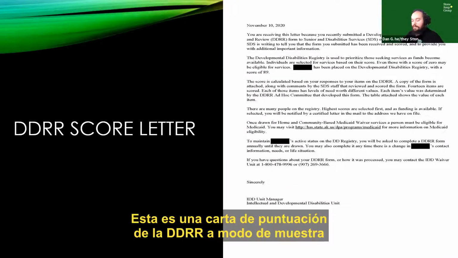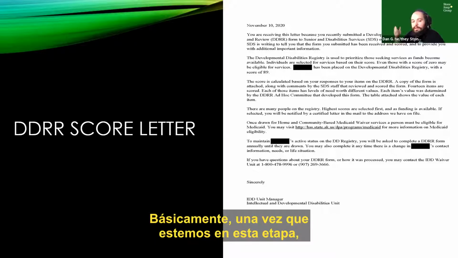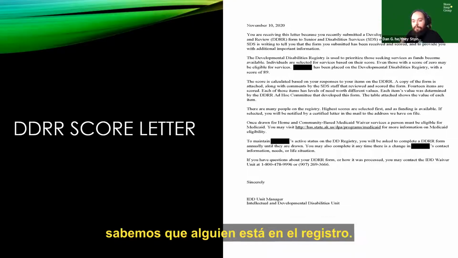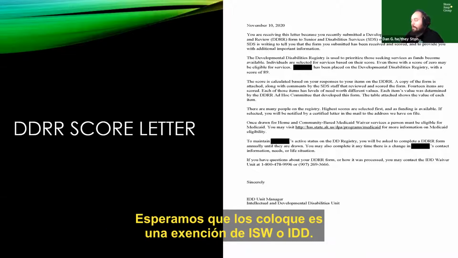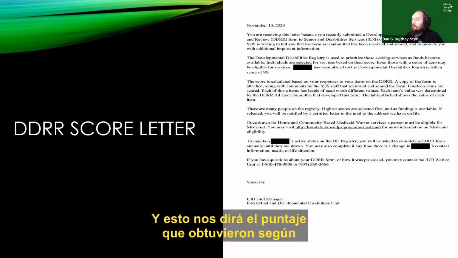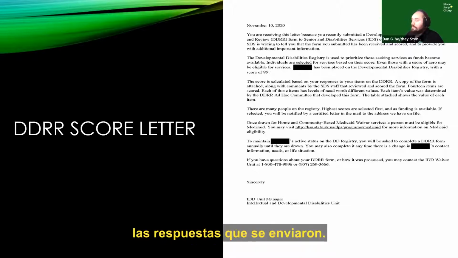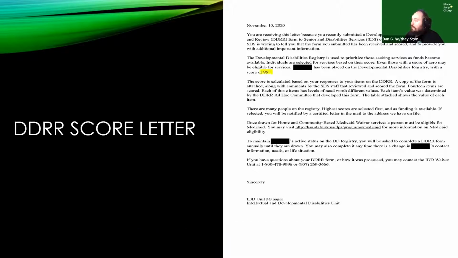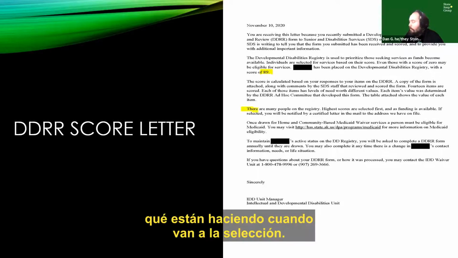This is a sample DDRR score letter. So essentially, once we're at this stage, we know that somebody is on the registry. They're waiting to get pulled for the ISW or IDD waiver. And this will tell us the score that they got based on the answers that were submitted. And then it will also tell you what they're doing when they go to pull.